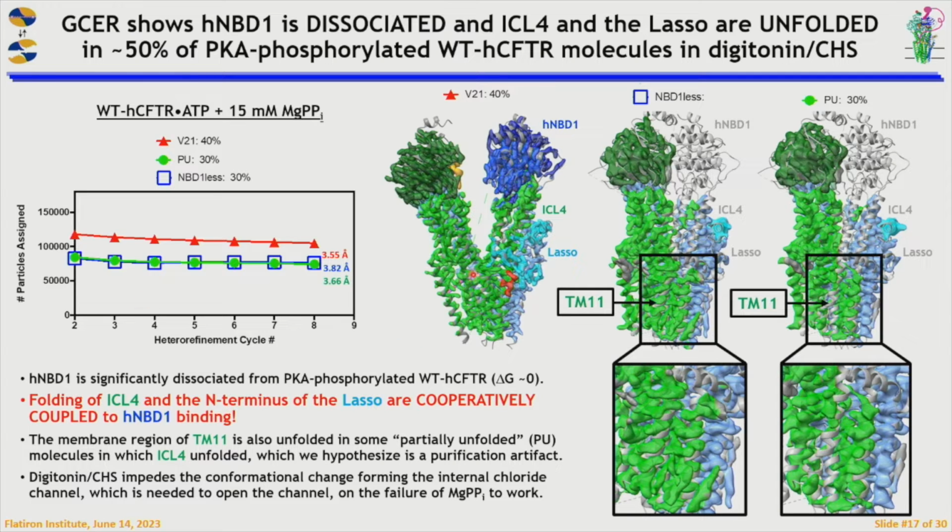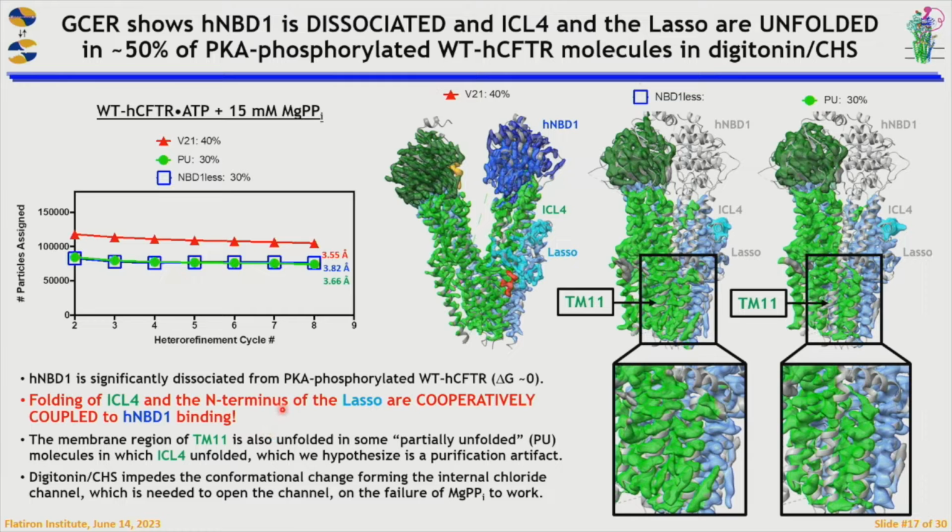So key points here, again, this is wild-type CFTR, PKA phosphorylated wild-type CFTR. NBD1 is significantly dissociated from PKA phosphorylated wild-type CFTR just at baseline. So the delta G for this coupled folding-binding reaction is about 0. The folding of ICL4 and the N-terminus lasso are cooperatively coupled to NBD1 binding.